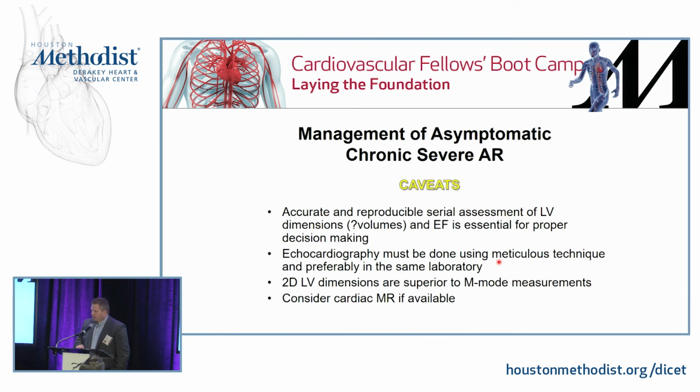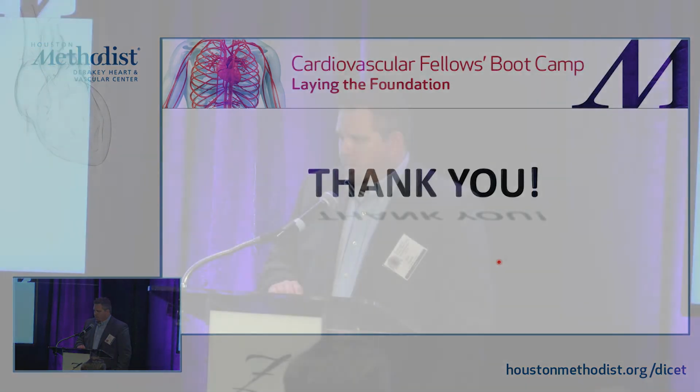So you want to have measurements that are accurate and reproducible to grade LV dimensions and the EF in order to make proper decisions whether or not to go to surgery. Echocardiography must be done using meticulous technique, preferably the same people doing it every time. 2D LV dimensions are superior to M-mode measurements, and consider cardiac MR if available. Thank you.